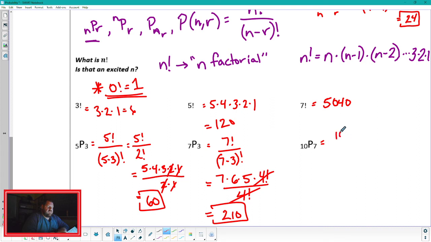Next one, I have 10 factorial over 10 minus 7 factorial. So inherently, what I end up kind of doing is I kind of deal with the denominator first. So I see how far I have to write this out. 10 minus 7 is 3. So sadly, I still have to write this out a ways.